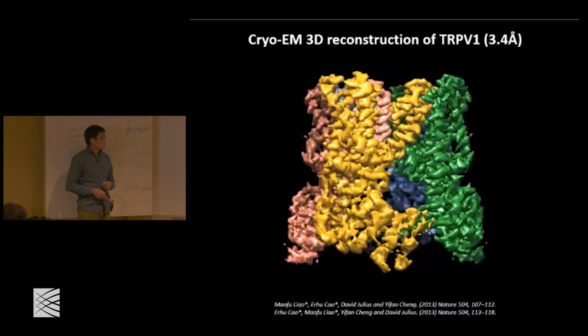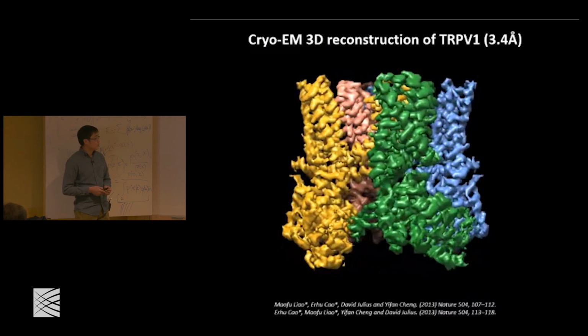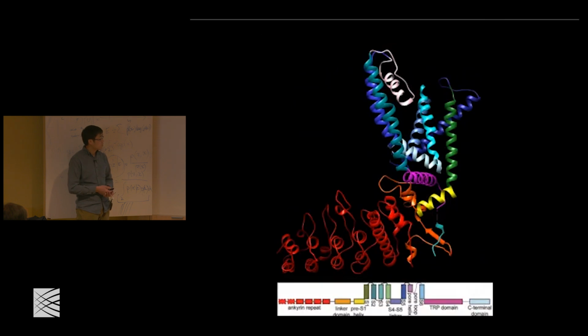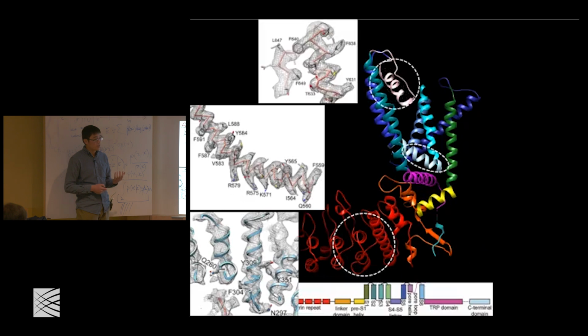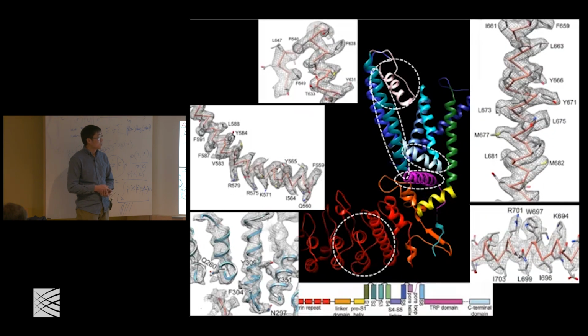Using that data set, we were able to achieve 3.4 angstrom resolution. Here you can directly see the side chains along the transmembrane helix. Here is a zoomed view of different areas. So you can see it's a great improvement, essentially from 15 angstrom to 8.8 angstrom and now to 3.4 angstrom.